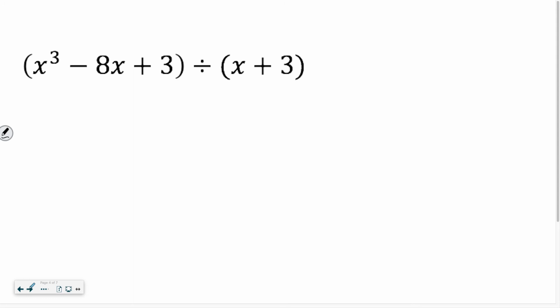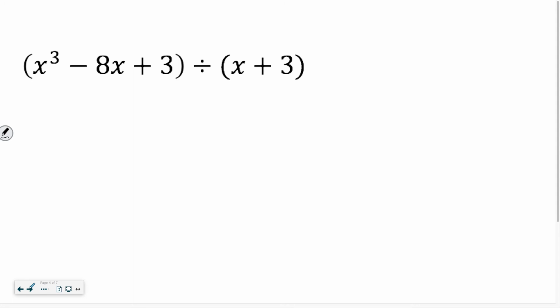When you look at that cubic function, x cubed minus 8x plus 3, what is missing? My x squared. So it is my job to just leave a placeholder for x squared. Because remember Luke's question about why I put the x in the quotient? And I said all the x's have to be in this column. If you need a place for x squared, you've got to put that placeholder right there.